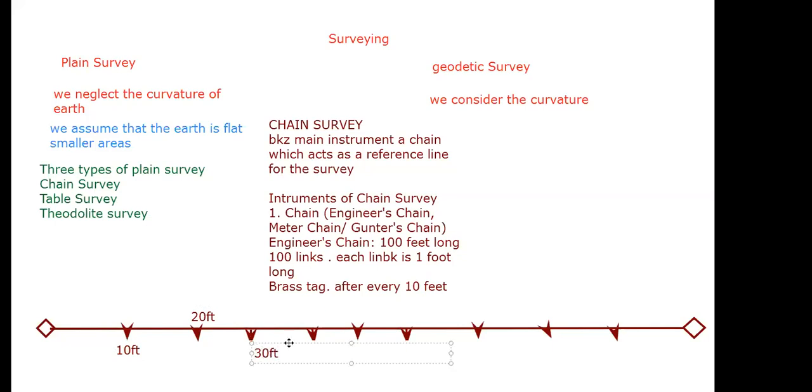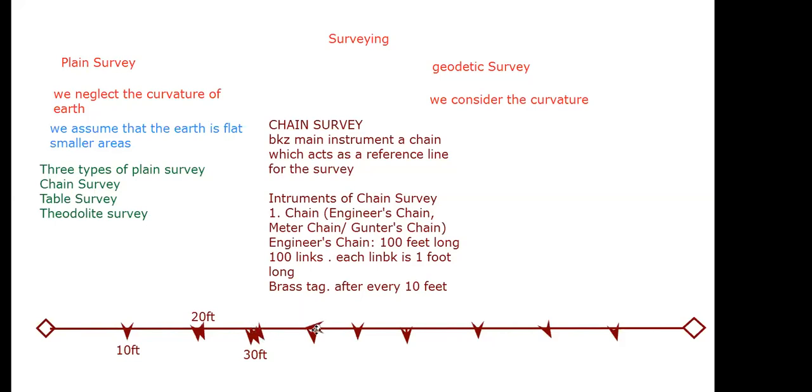And these brass tags have a toothed structure. They have horn-like things. So if we have the 10 feet one, it will have a tooth just like that. The 20 feet one will have 2 teeth like this. The 30 feet one will have 3 teeth, 1, 2, and 3.